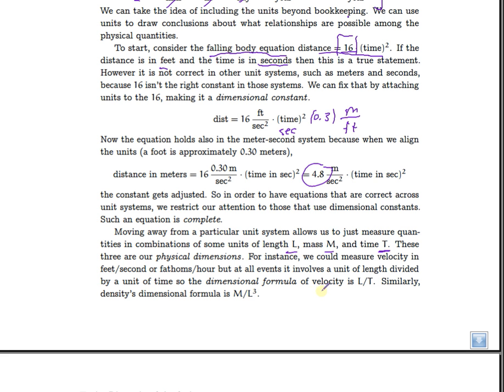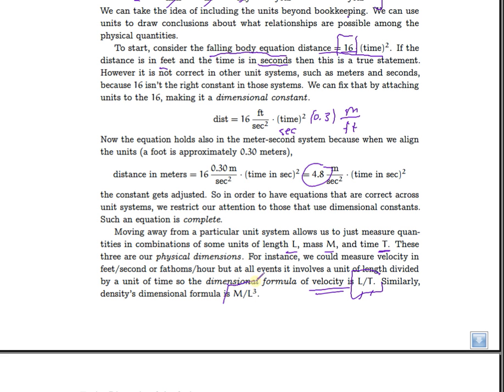For instance, velocity. We measure velocity in feet per second or miles per hour. It's always length per time. So this description of velocity is independent of units. Velocity is always measured in length per time.